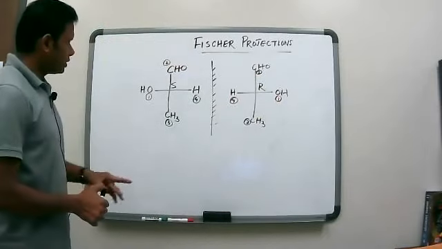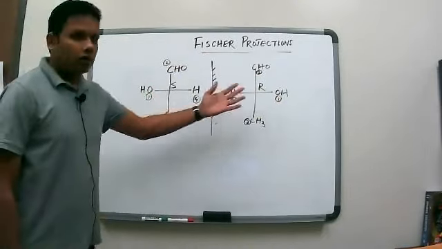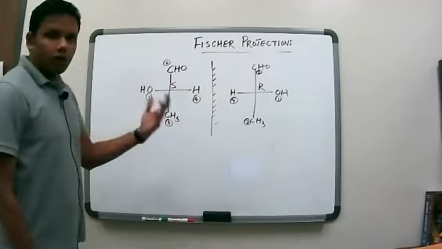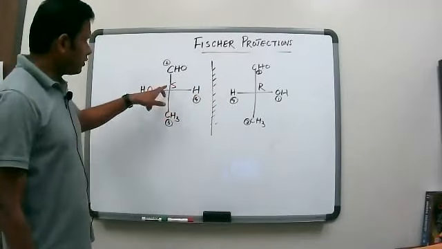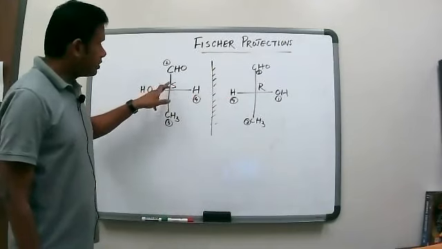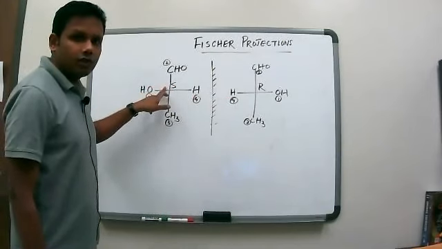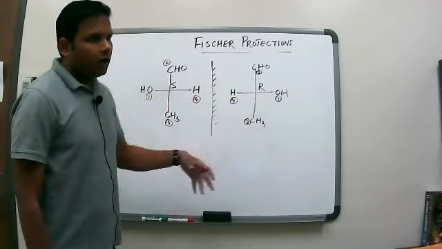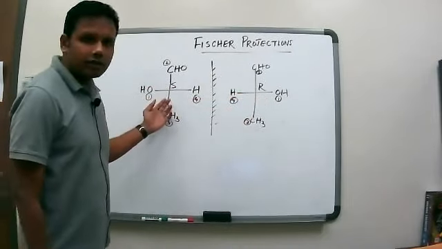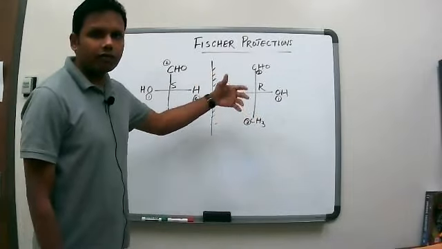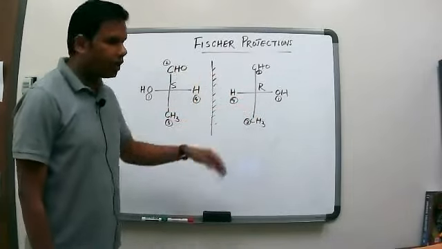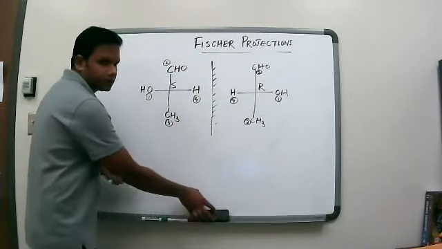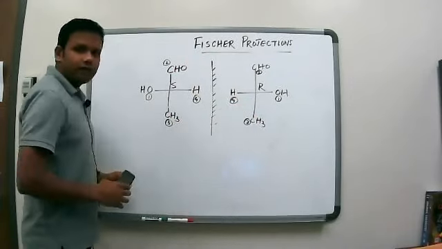So what you notice is we are able to draw the enantiomers really easily. Always remember that if a molecule is of the S configuration, its enantiomer must be of the opposite configuration, R. So this is how the Fischer projection makes life easy for us.